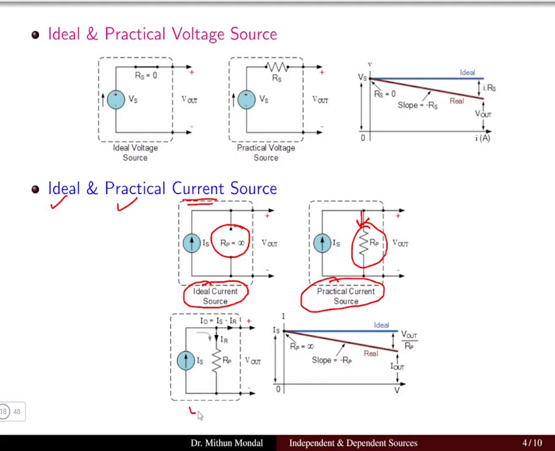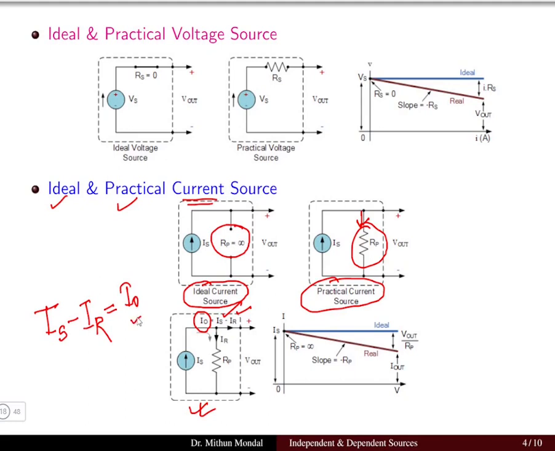So if we see the exact value of the practical current source, we find that the output current I0 will be equal to the current from the generator, Is, minus the current through the parallel resistor, IR. Here we focus on the internal resistance of the current source, and then we get the output current.